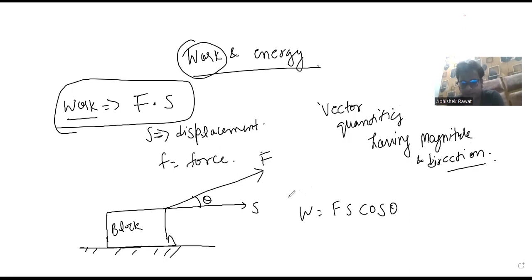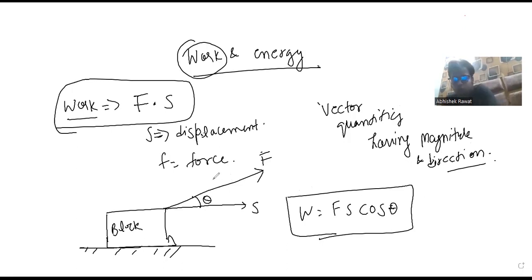When we resolve the component, we get this. So theta plays a vital role in deciding the work done. This is the generalized equation. You should know this, as we will use it in numericals also.